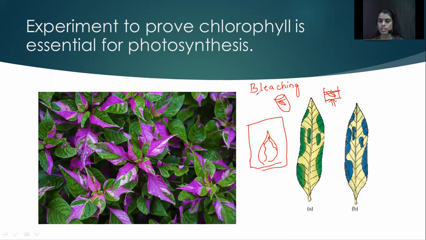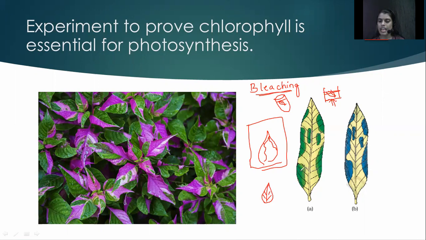By this process, the bleaching happens, which means the color of the leaf is removed. Now, on this leaf, we will perform the iodine test or the starch test. We will put drops of iodine solution on this leaf and observe the color change.